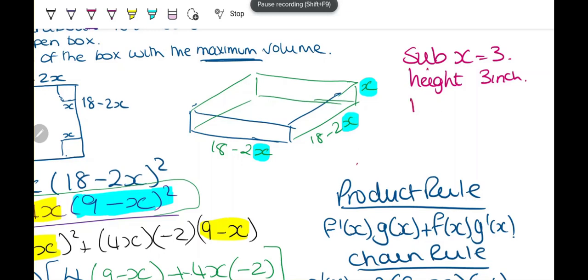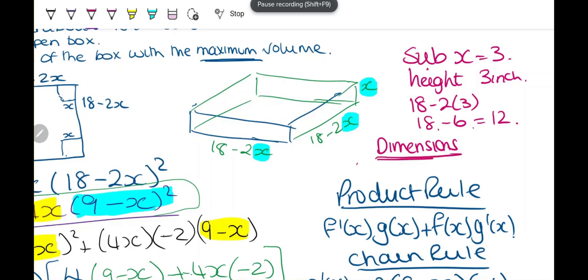So we have 18 minus 2 multiplied by 3, so 18 minus 6, which is 12. So the dimensions of our box are 12 by 12 by 3. And if we check that, 144 multiplied by 3 is 432.